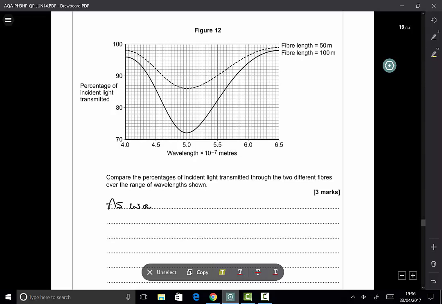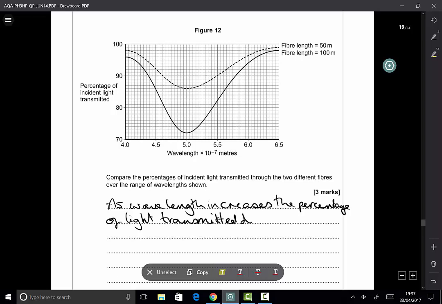As wavelength increases, the percentage of light transmitted decreases, then increases.